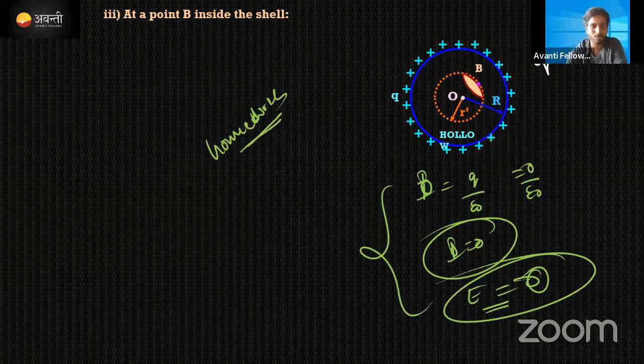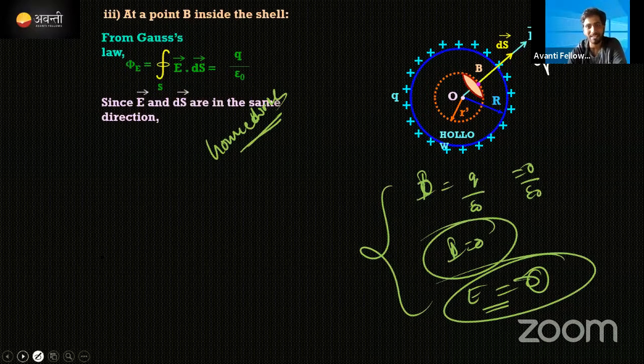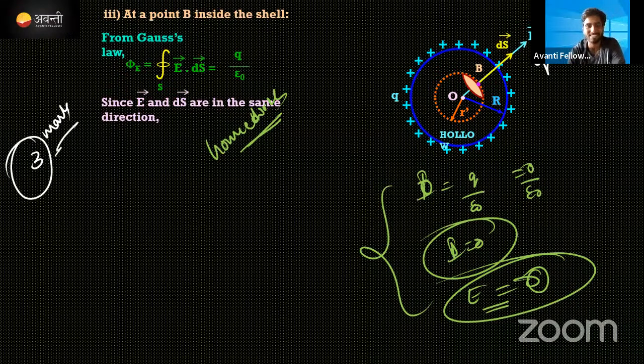I will post the notes in the drive. Try to download the notes from the drive and solve this. Is it clear? You have to get 0. How does 0 come? Similarly, as usual, you have to consider the Gauss law and apply it. Go till the last step. In the last point, if you want 3 marks in a CBSE exam, you have to do everything.